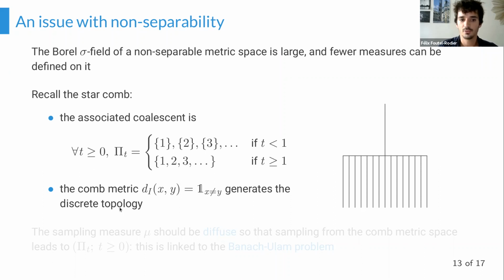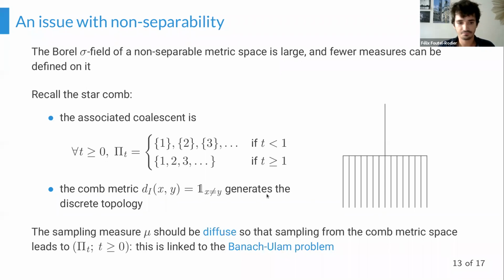And so in particular, the Borel sigma field associated to this distance is just all subsets of 0, 1. So now if we try to guess what a measure defined on 0, 1 that would lead to this coalescent should look like, you see that every time you sample a new point, you should end up in a different leaf of the tree so that all integers are in singletons.